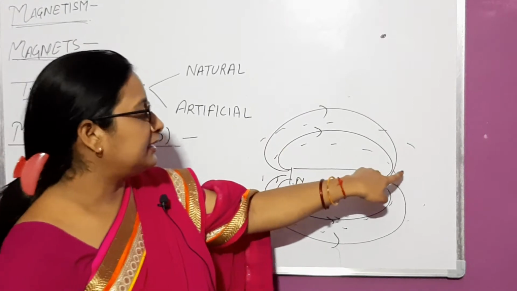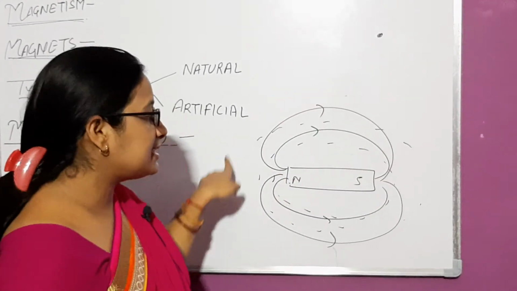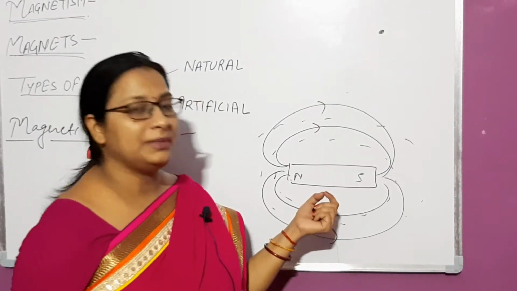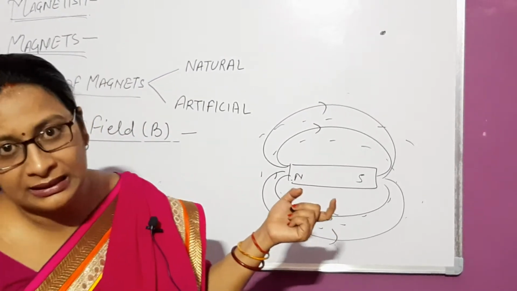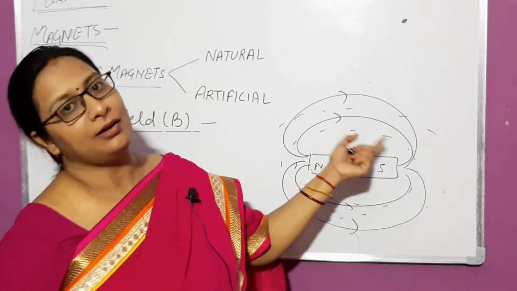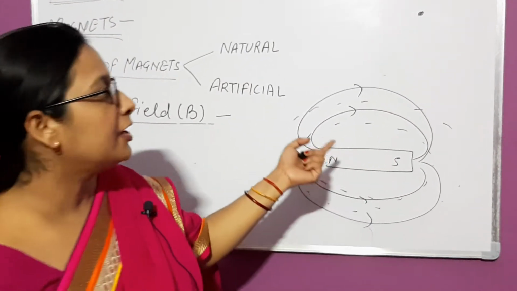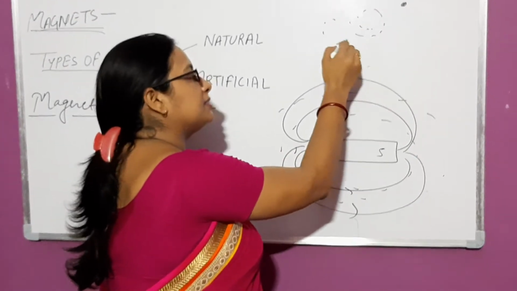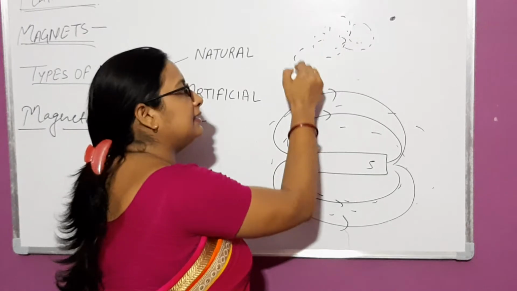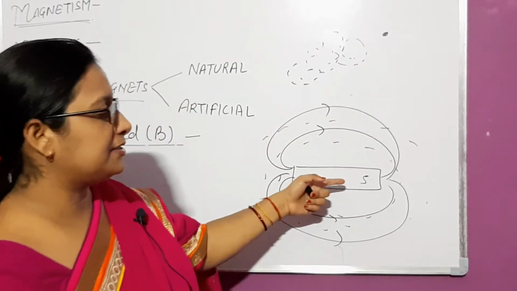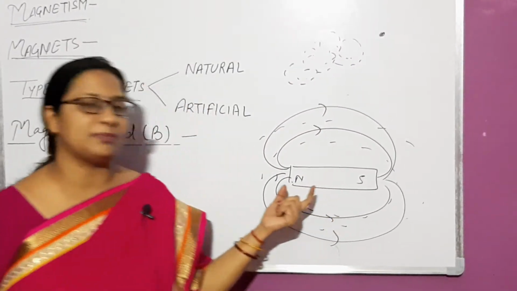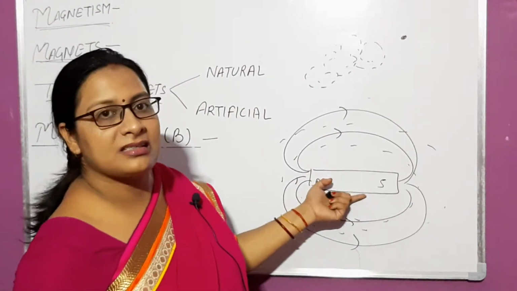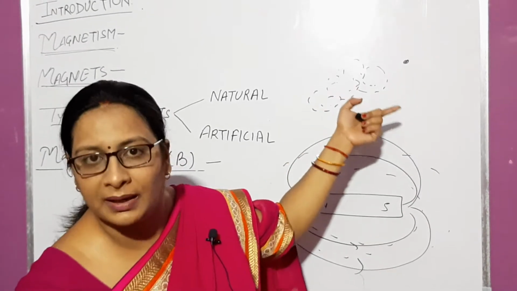Those iron particles which are inside the magnetic field produced by this bar magnet align themselves in a regular manner because of the attractive and repulsive force. But those iron filings which are not inside the magnetic field produced by this bar magnet don't experience the force of attraction or repulsion.